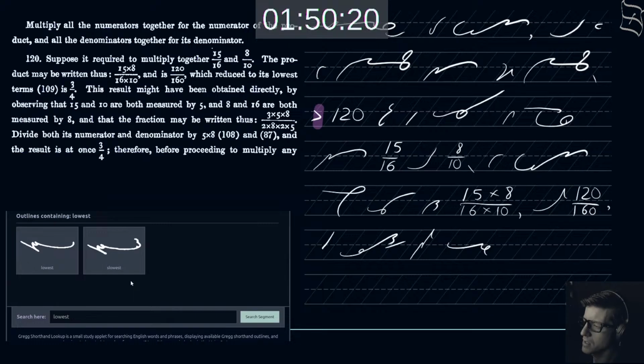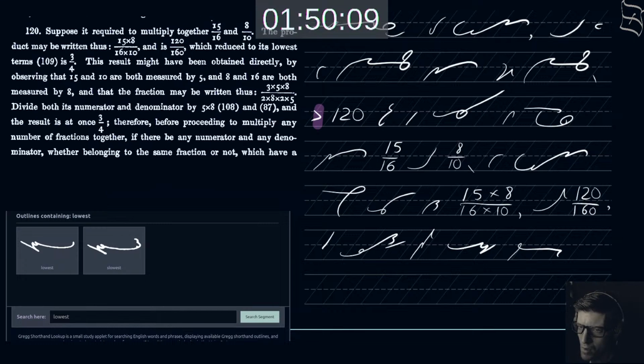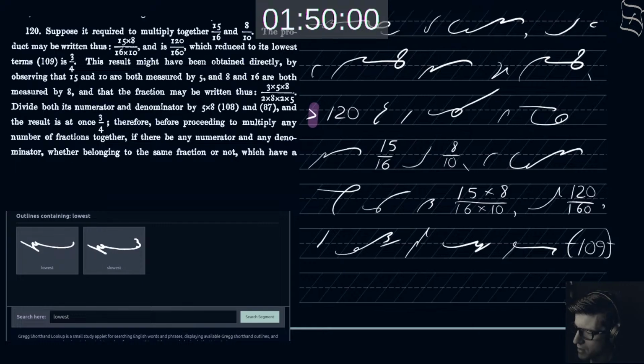Here it is. Yes. According to Article 109, is going to be 3 over 4.